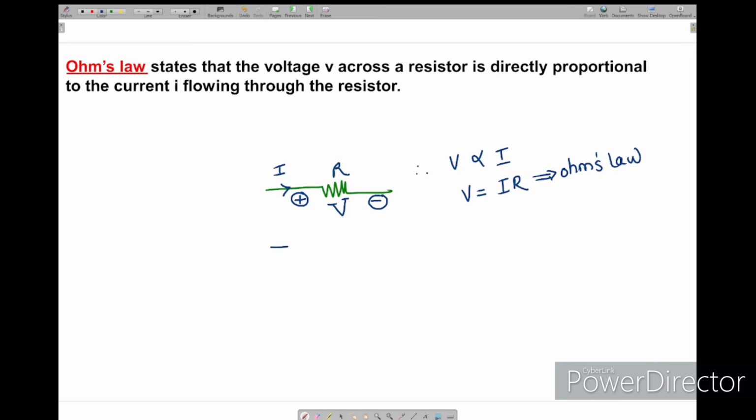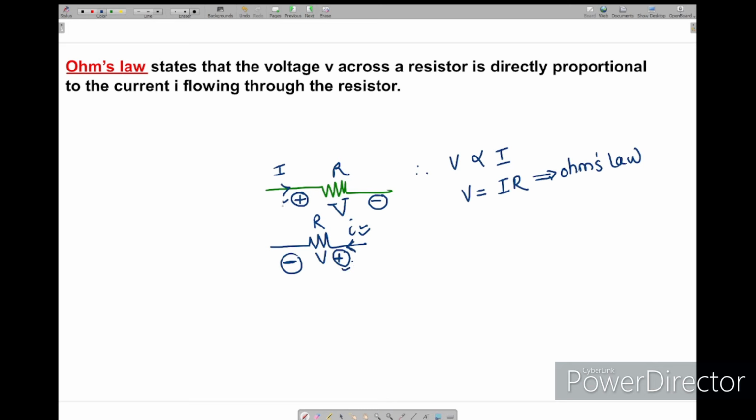In the same case, with the same resistor, current entering at this terminal, we take this as the positive terminal for the resistor. While writing V, we should know where I is entering at the terminal of the resistor. If it is entering at this side, you mark this positive.